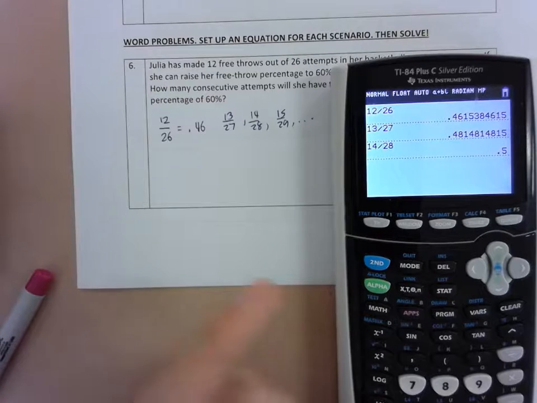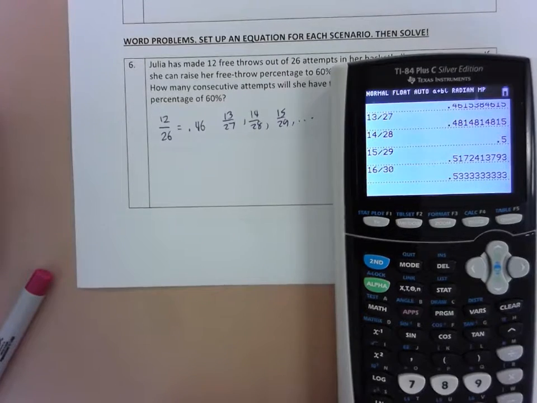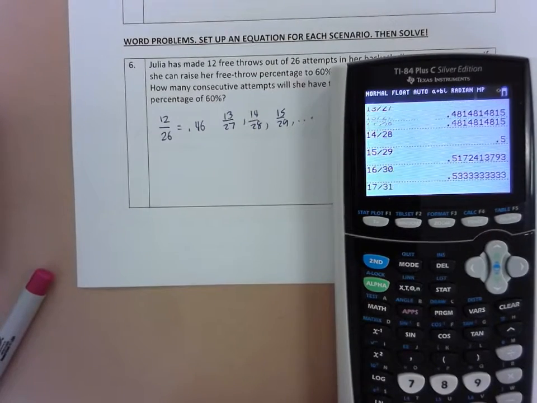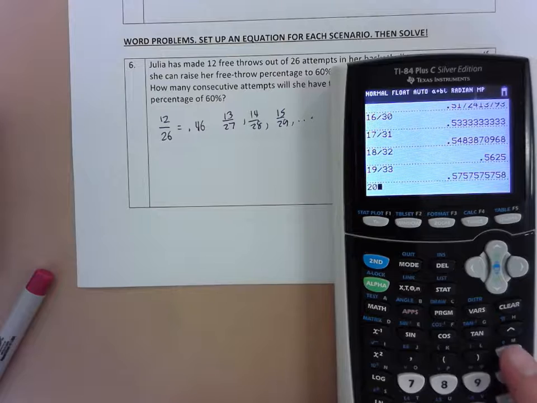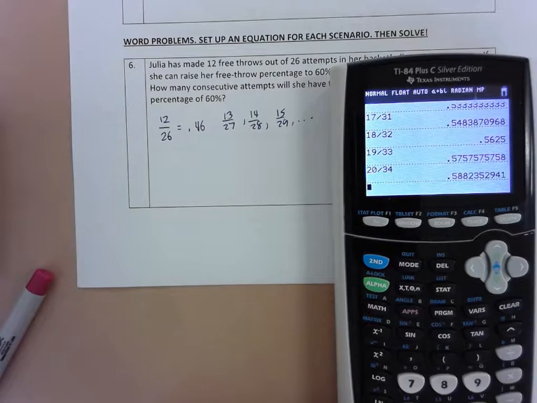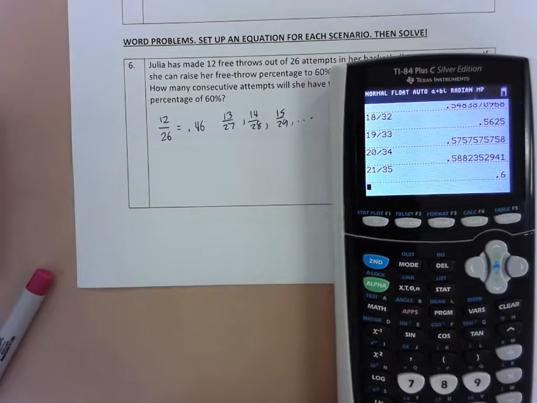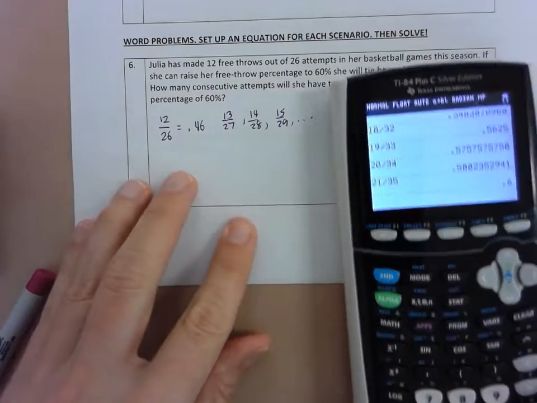Well, we're at 50%. 16 out of 30 is 53. We're almost there. And 0.6 is 60%.